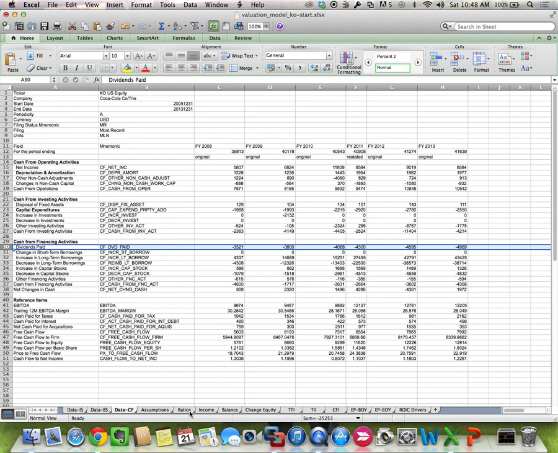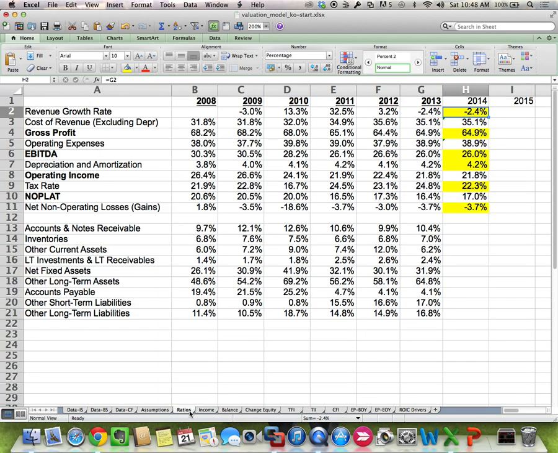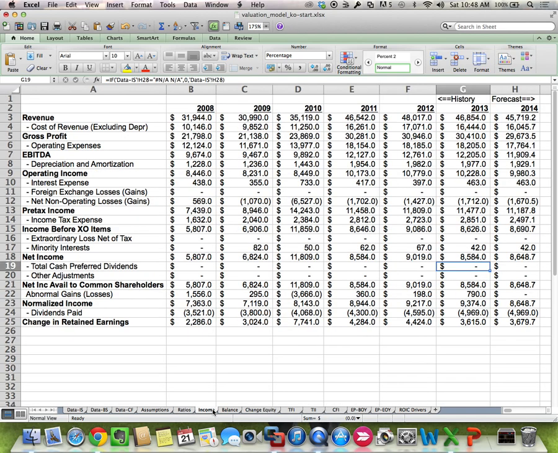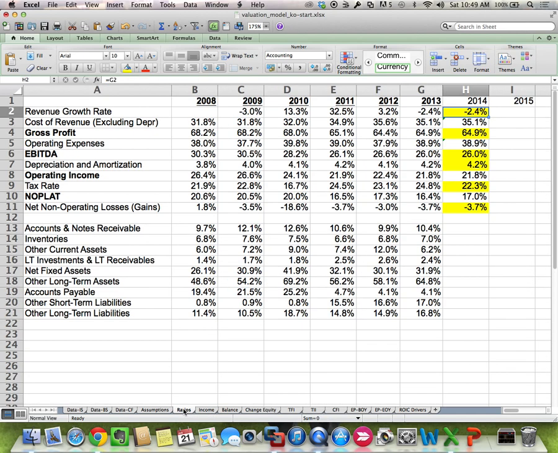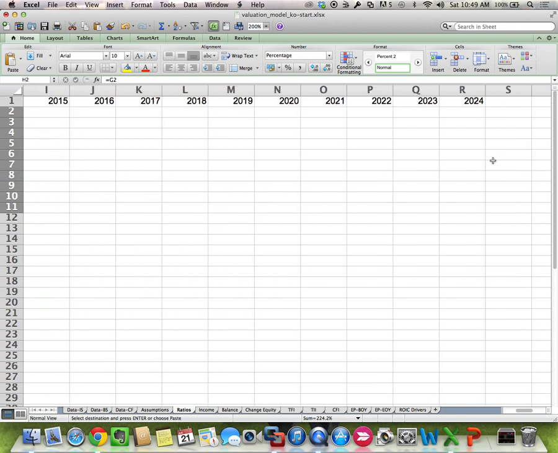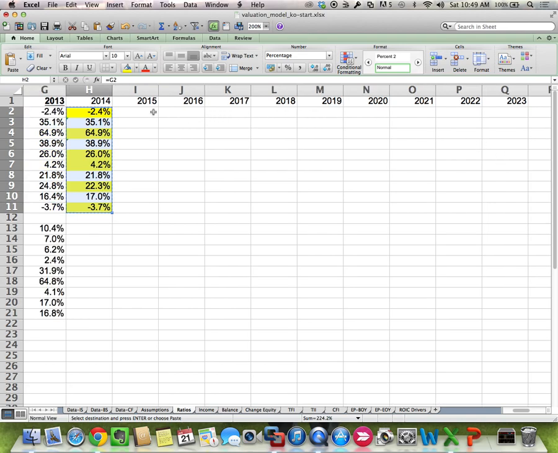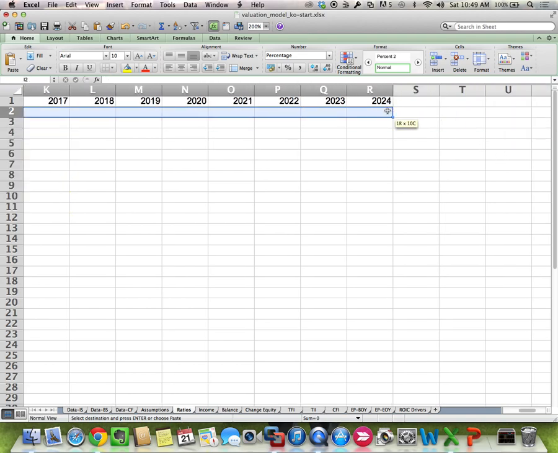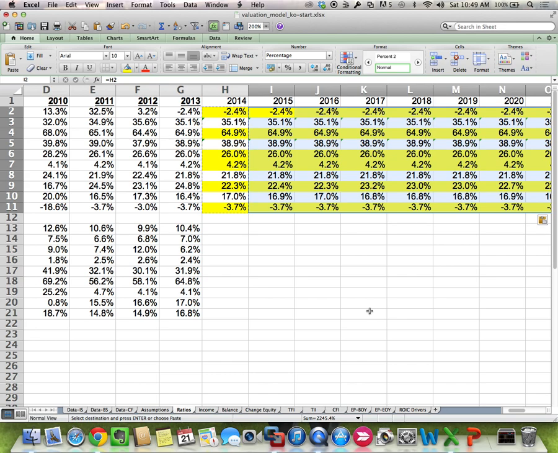We have our ratios for the income statement. We have our forecasted income statement. Now it's just copying and pasting. I take my income statement ratios, I copy it, and I go through, paste, 2024.